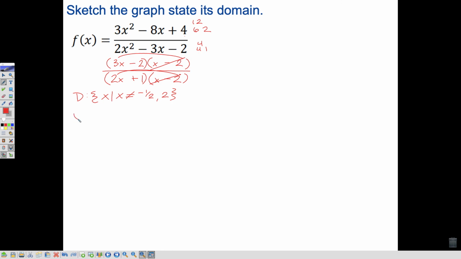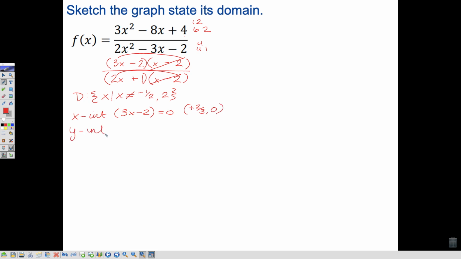Okay, x-intercepts. 3x minus 2, so negative 2/3. Wait, no, it'd be positive 2/3, adding over.